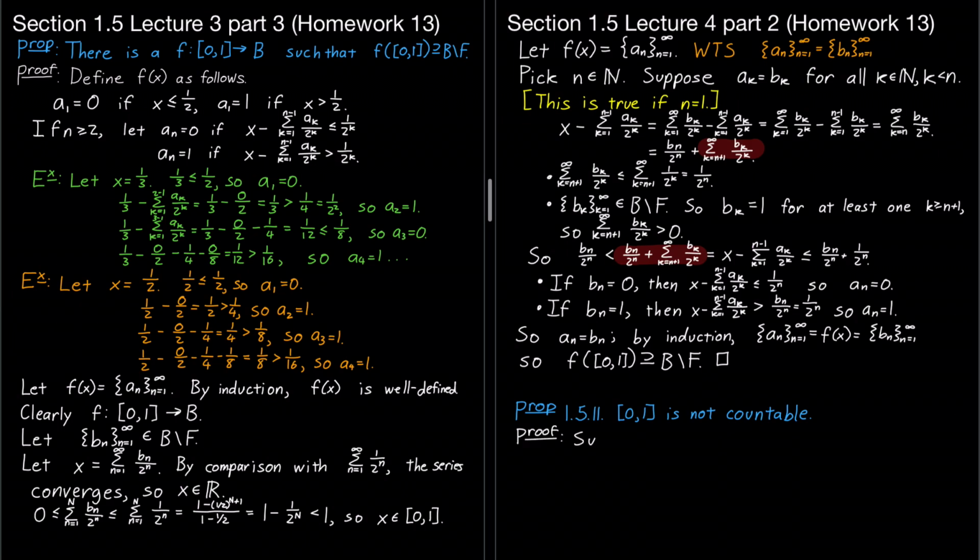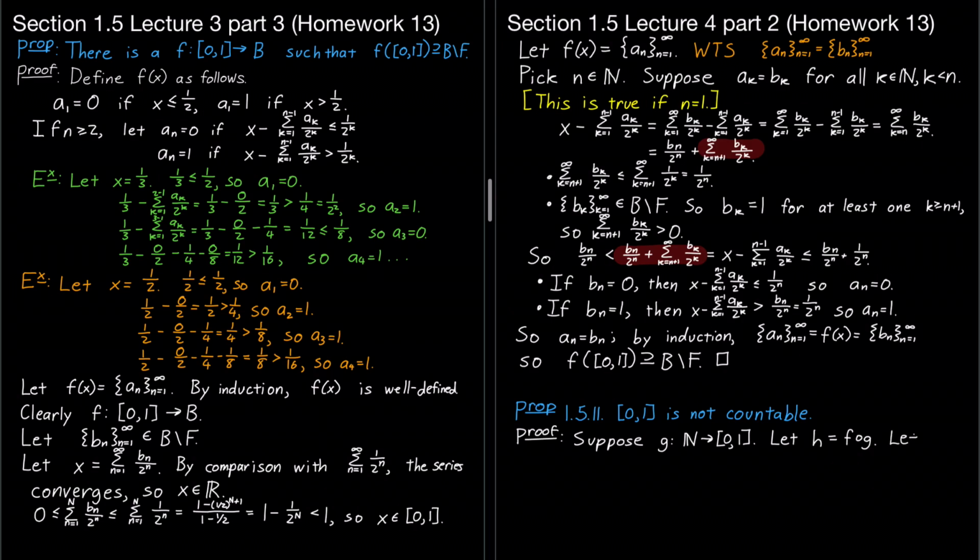So let's suppose that g is a function from the natural numbers to this interval, and let's let h be f composed with g, where f is the surjective function in the last proposition.